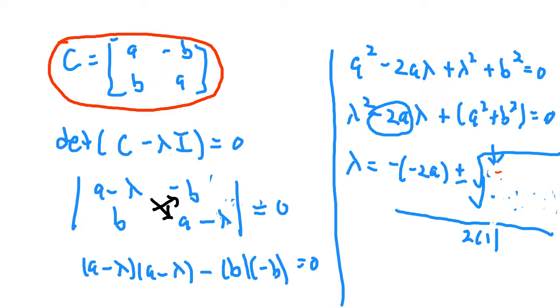So this was negative 2a quantity squared. That's b squared minus 4 times a times c, and c is a squared plus b squared.